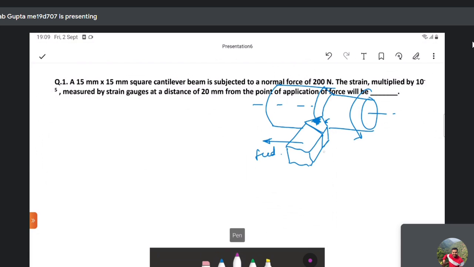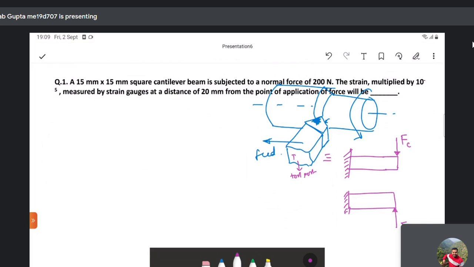So this can be modeled as a cantilever beam, held to the tool post basically. It is subjected to a normal load that replicates the cutting force. And if we see this particular beam from the top view, then you will also have a transverse load which replicates the feed force.